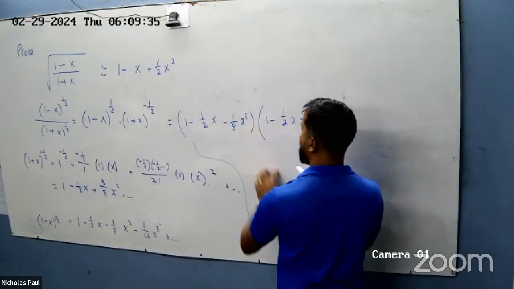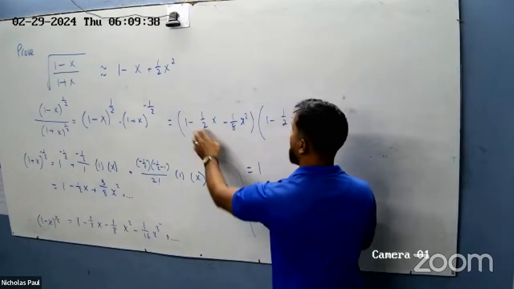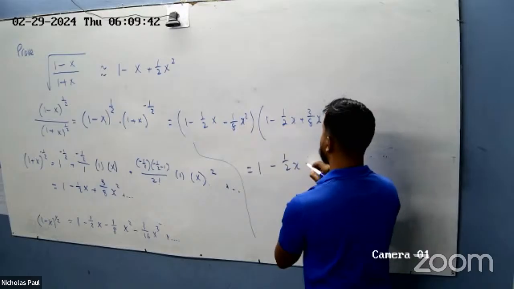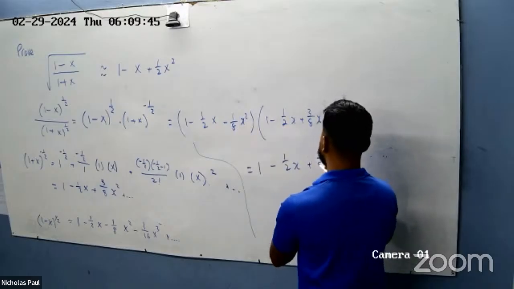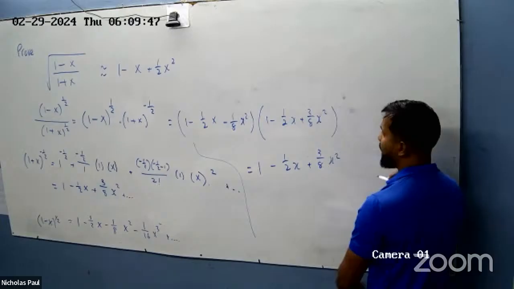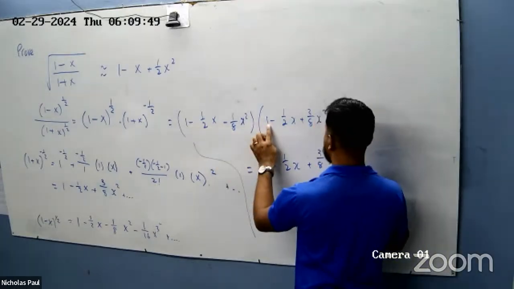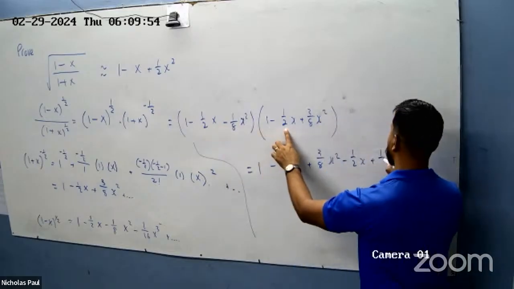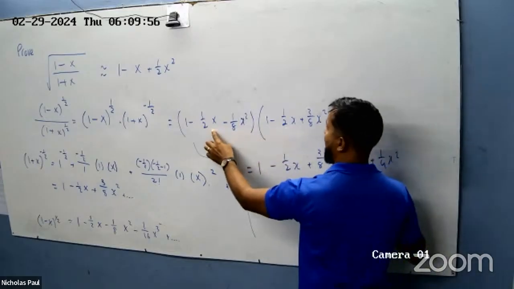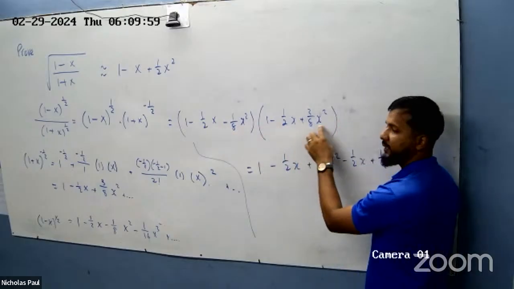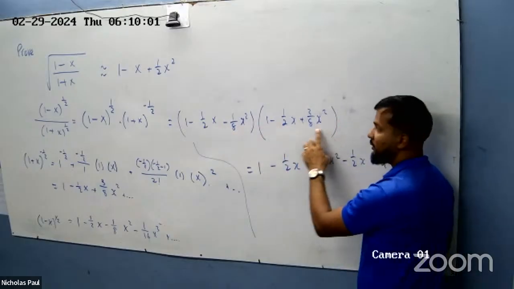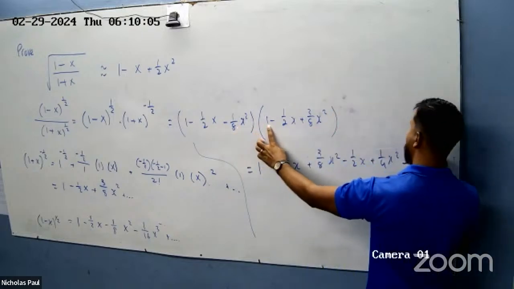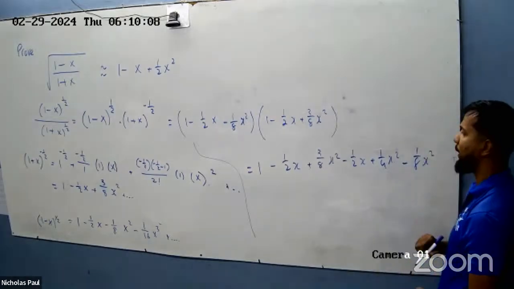So 1 by 1 is 1. 1 by minus a half x. 1 by this, positive 3/8 x squared. So I'm done with the 1. Now here, minus a half x. Minus a half by minus a half is plus a quarter. Minus a half by this, I don't want that term because that's cubed. Now this by this will give me minus 1/8 x squared.